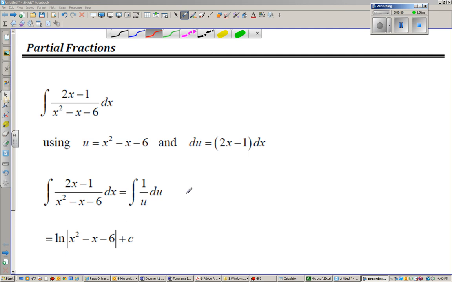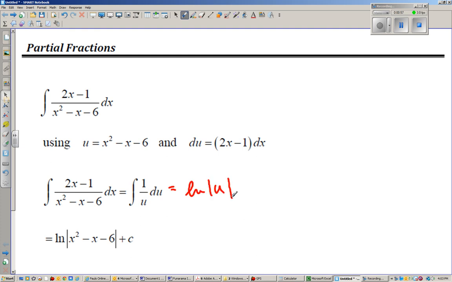And although I didn't write it here, of course that integral is nothing more, nothing less than the natural log of u. And then you back substitute for your u, and you get the final answer, and there it is, and it's done, and life is good and beautiful.